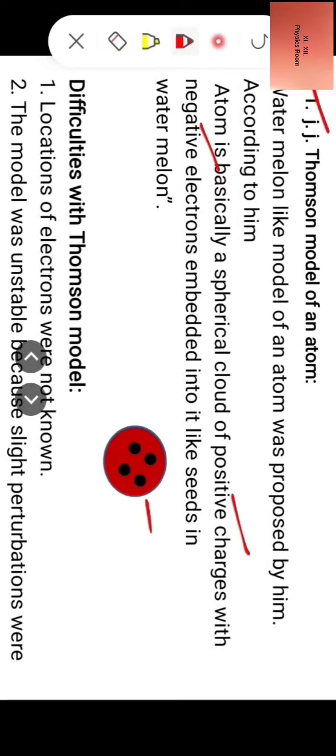Now see here in the diagram, red part shows the positive charges in the watermelon and black small spheres show electrons embedded into it like seeds in watermelon.